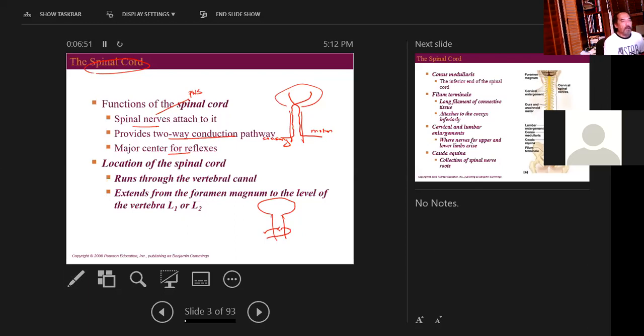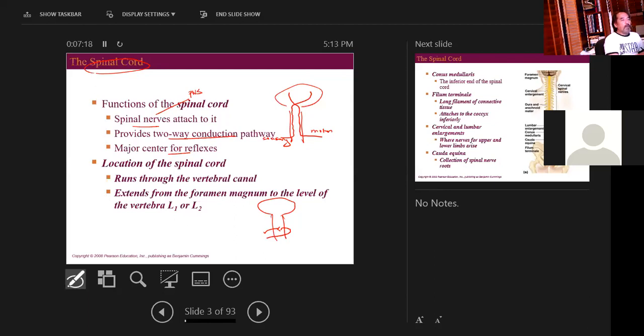These are called reflex. Okay, so it doesn't need the brain to actually participate in this process. So reflex is similar to when you step on a nail, you immediately pull out your foot without the brain even telling it to pull out the foot from that pain. Okay, from that nail. That is called reflex. Okay, so that's going to be your physiology class.